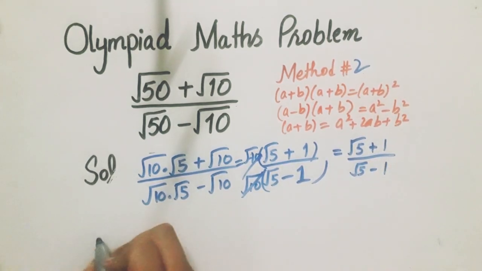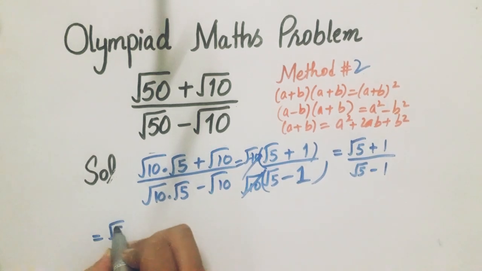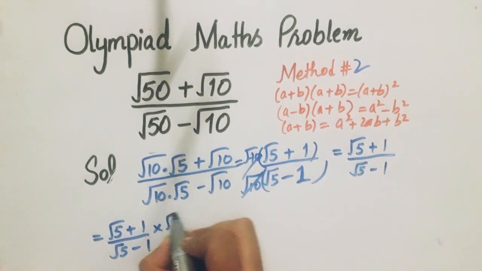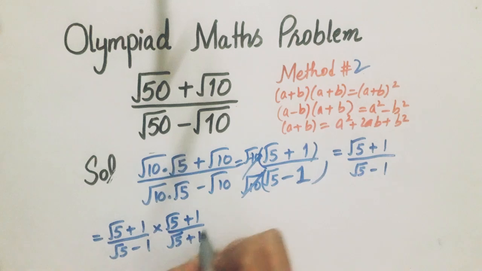Now we will rationalize this, so we get square root 5 plus 1 divided by square root 5 minus 1, multiplied by its opposite, square root 5 plus 1 over square root 5 plus 1. So here we apply the a plus b whole square formula.